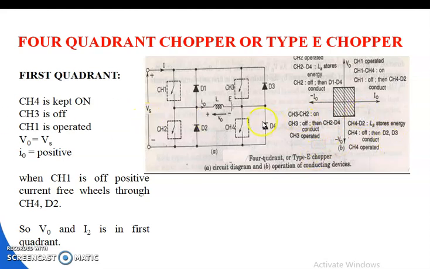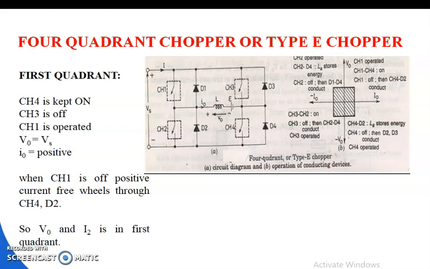So in the first quadrant, there are two different figures drawn here. Figure A shows the circuit diagram of the type E chopper, and figure B shows the quadrant diagram of the type E chopper, or 4-quadrant chopper. The circuit comprises 4 choppers, or 2 pairs of choppers, CH1, CH2, CH3 and CH4.